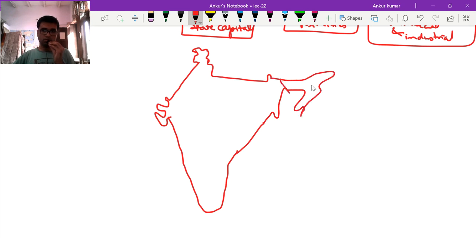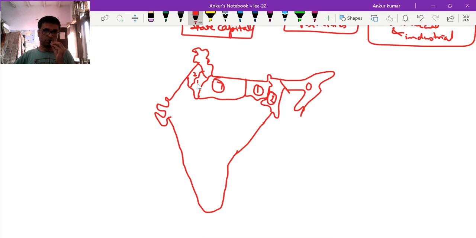For example, in Northeast we will say that no metropolitan city is present there. In Bihar, only one metropolitan city. In West Bengal, there are 2 metropolitan cities. Right. In Uttar Pradesh, there are 7 metropolitan cities. Okay, this is the region of Haryana and Punjab.